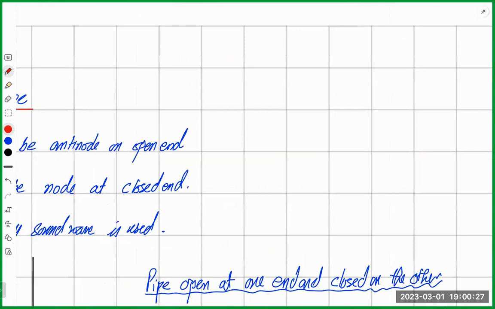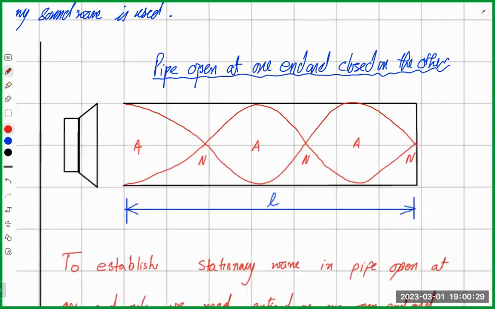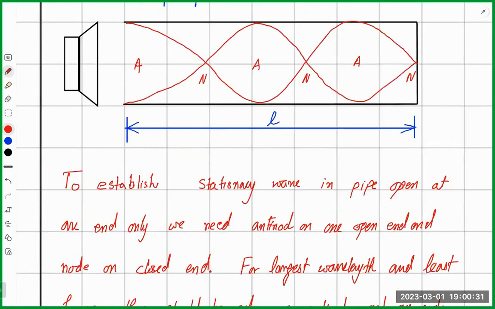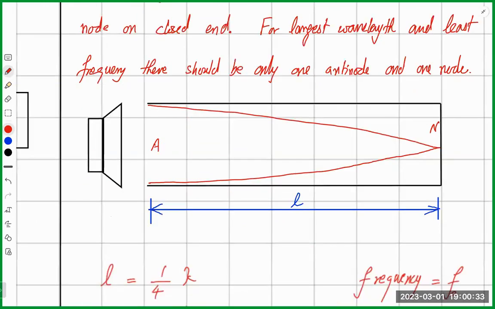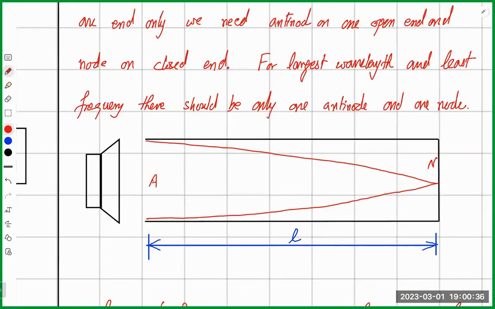For the smallest frequency, this should be the case. This will be the smallest frequency and largest wavelength, node and antinode. L in this case equals the distance from node to antinode.